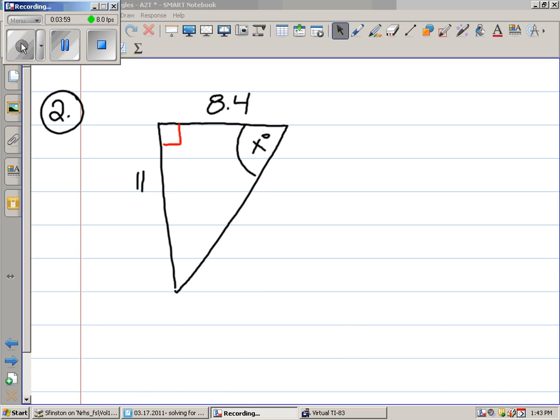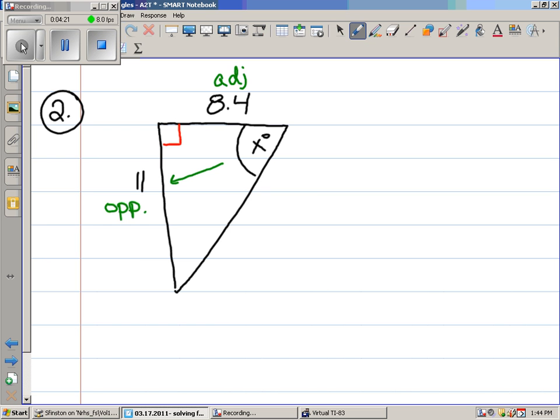Angie, help me out. Label up these sides for me. This side over here, that's 11. What is that in relation to the angle? Opposite, adjacent, hypotenuse? You're the best, girl. And what about that 8.4 up over here? Yeah, it's the adjacent. And you've got opposite and adjacent, so which kind of function are you going to use?